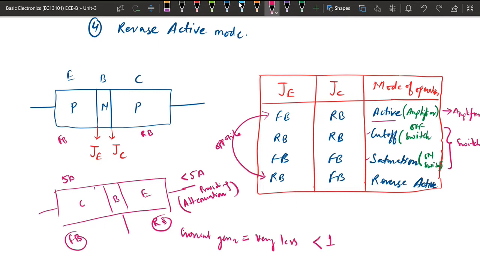In active mode, the current gain is considered to be 1 or greater than 1, so then it can work as an amplifier. But here the gain is less than 1, so it is providing attenuation and cannot be used for any applications. That's why reverse active mode is avoided in case of BJT.